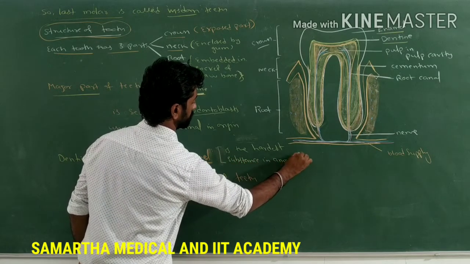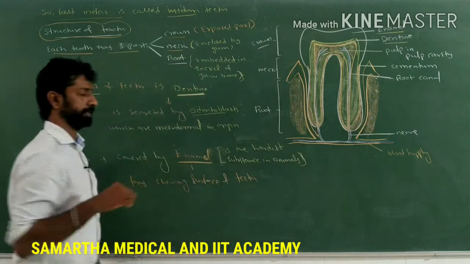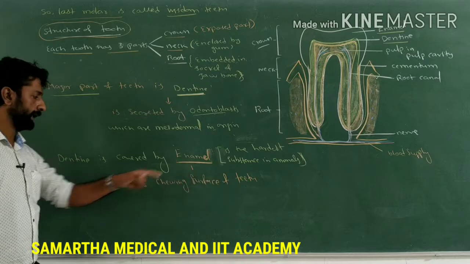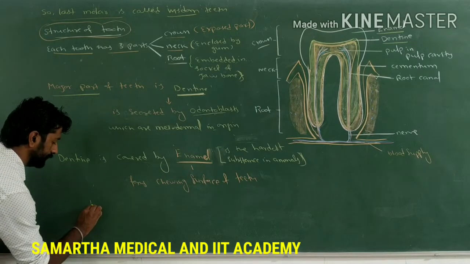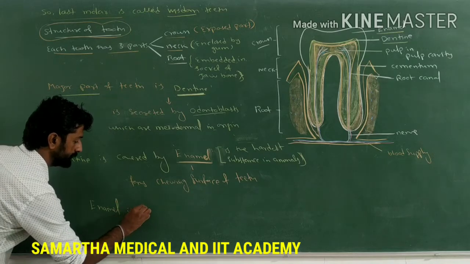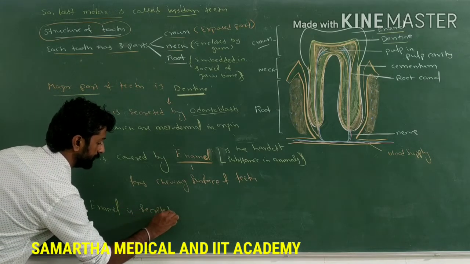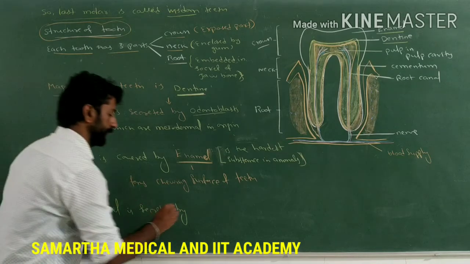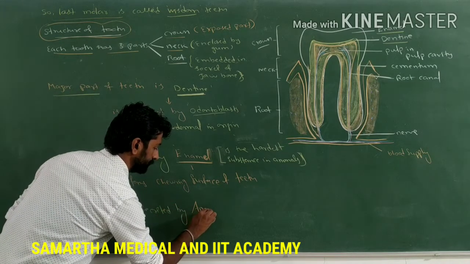So which is the hardest substance present in animals? That is nothing but enamel. And such enamel is secreted by cells called ameloblasts.